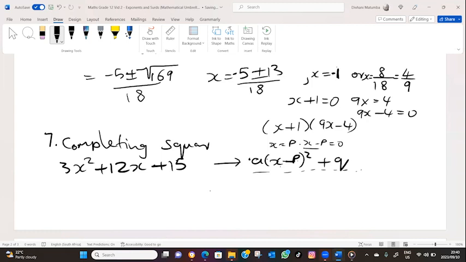So in order to complete the square, let us start by factorizing, taking out 3 as a common factor to make sure that everything is simple, plus 5. All right.